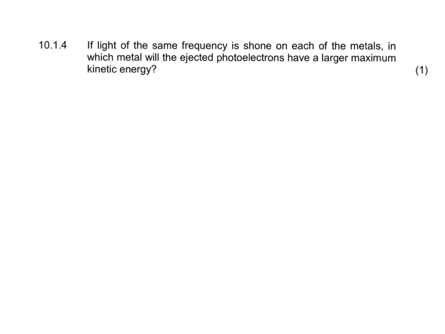In 10.4 it asks, if light of the same frequency is shone on each of the metals, in which metal will the ejected photoelectrons have a larger maximum kinetic energy? Now, if we look at the graphs, here is the kinetic energy axis.